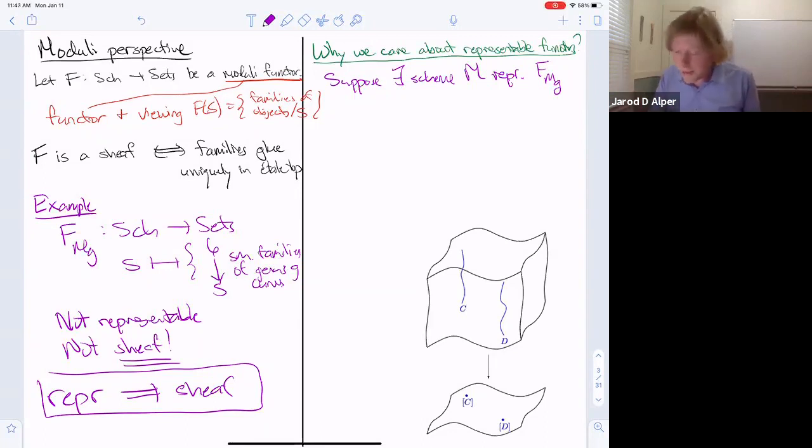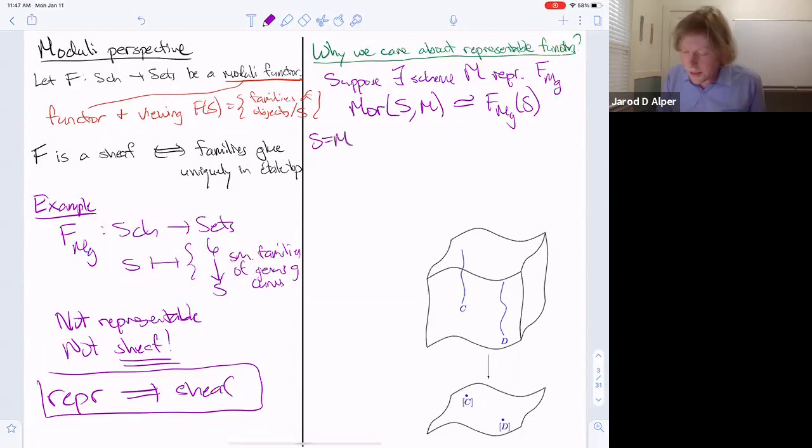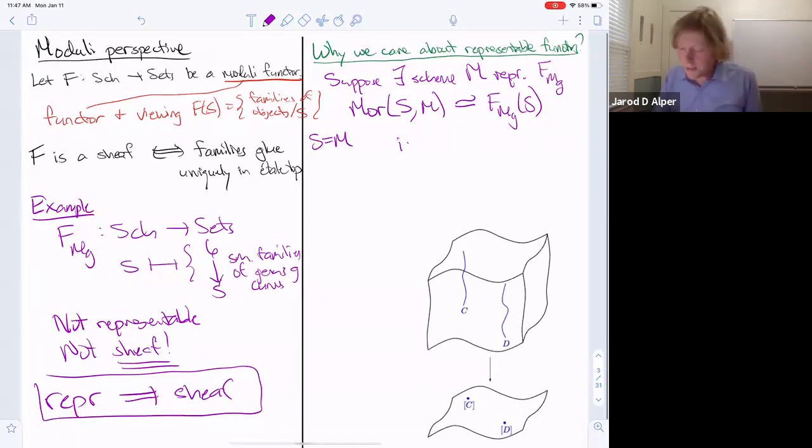First of all, what it means is that you have this natural bijection for any scheme S between maps into M and families of curves over S. And so like the argument in Yoneda's lemma, if you take S to be equal to M, then you have the identity morphism on M, and this corresponds to a family of curves over M, which we call the universal family.